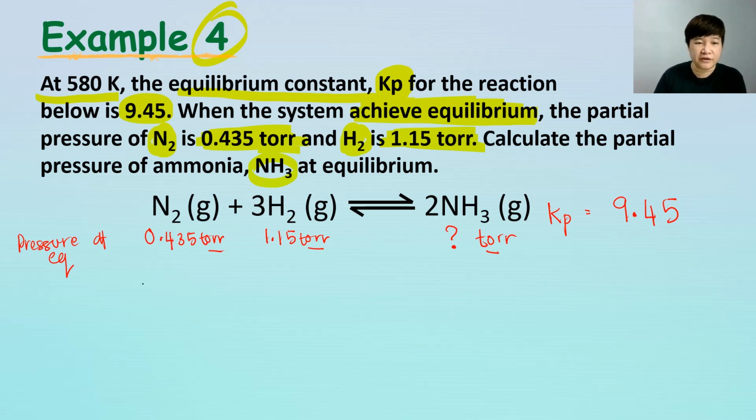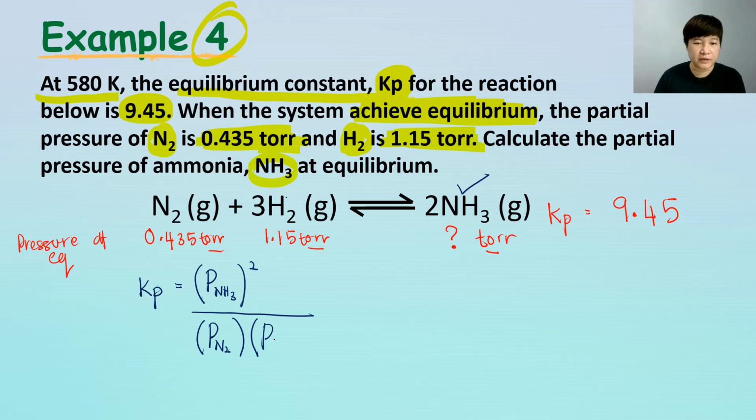So we start off with the formula of Kp, again, your product versus your reactant. I start off with my product. The product is ammonia to the power of 2. My reactant is the partial pressure of N2 to the power of 1, and the partial pressure of hydrogen to the power of 3. So that is my Kp formula.